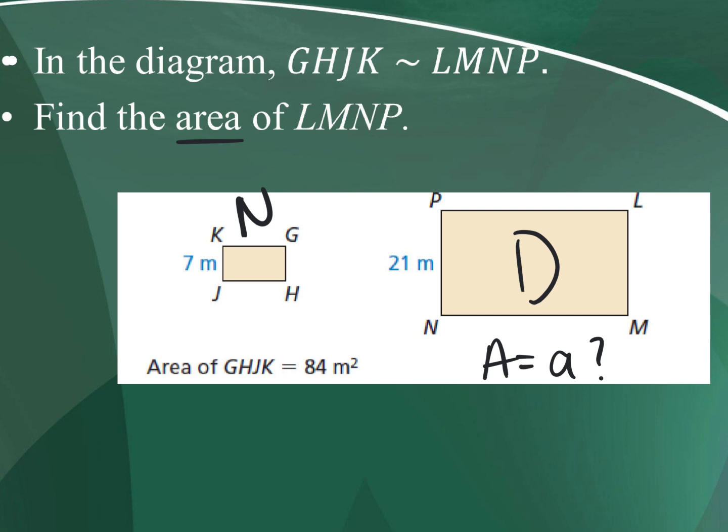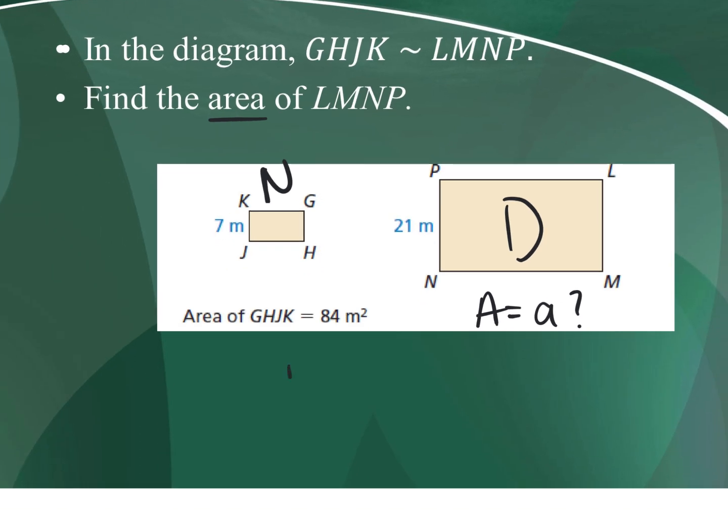How do I find my scale factor? My k is going to be 7 over 21. Why? Why is that my scale factor? What is the scale factor in general? The ratio? The ratio of what? Corresponding sides.